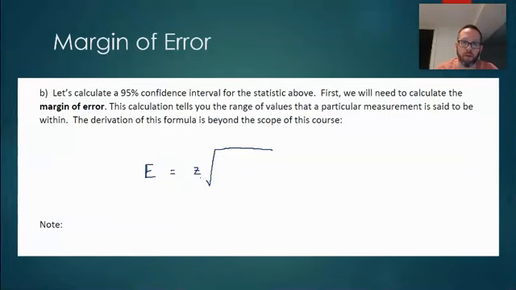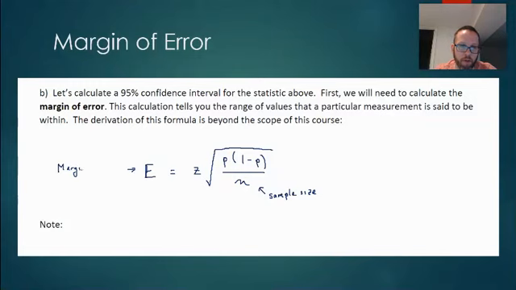So the margin of error is the z-score associated with your confidence level times the square root of, I just got to make sure I get this, it's the one time a year I work with it. Yeah, you take p times 1 minus p, and you divide by the sample size. So n here is the sample size. E is the symbol we'll use for margin of error.